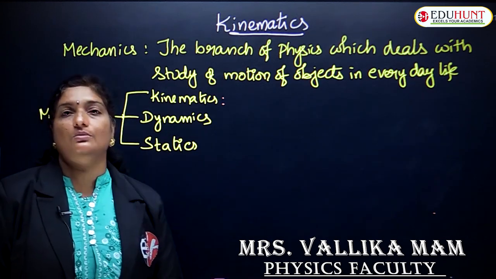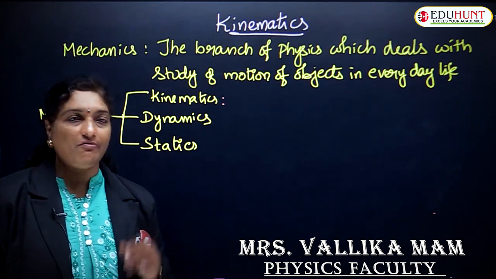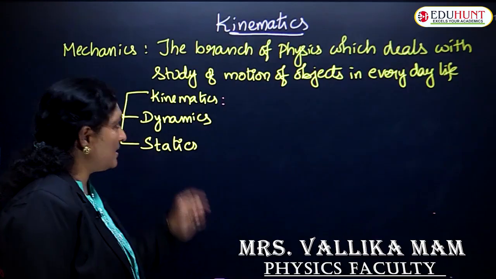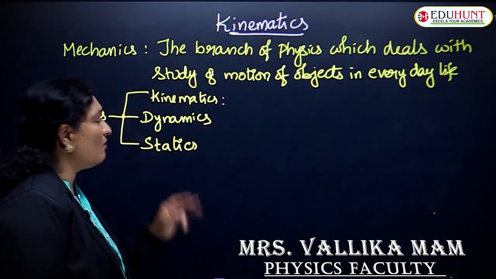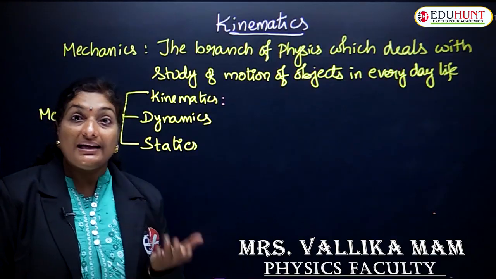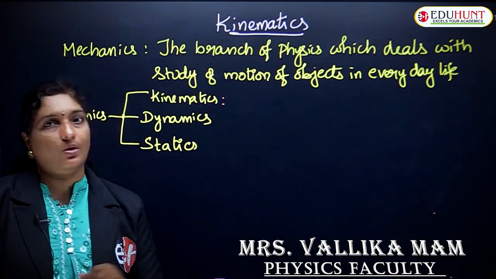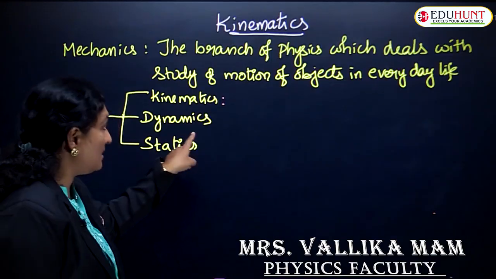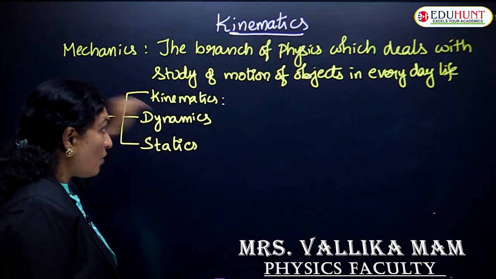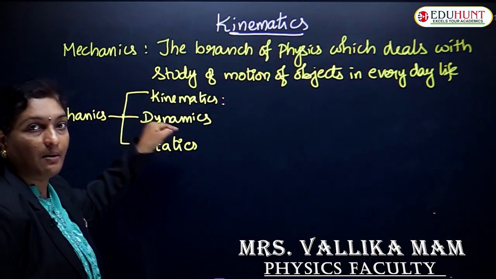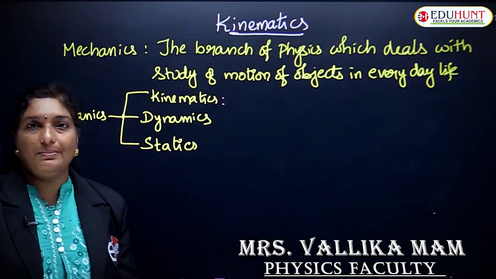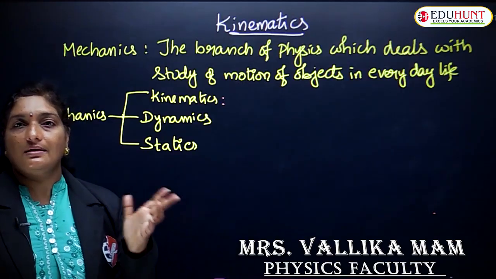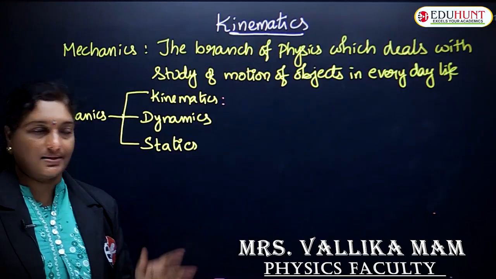Whereas dynamics is the branch of physics which deals with the study of motion of objects while taking into account the cause of motion. You need to consider because of what forces the body is set into motion. Whereas statics, as the name itself indicates, is the study of bodies at rest.